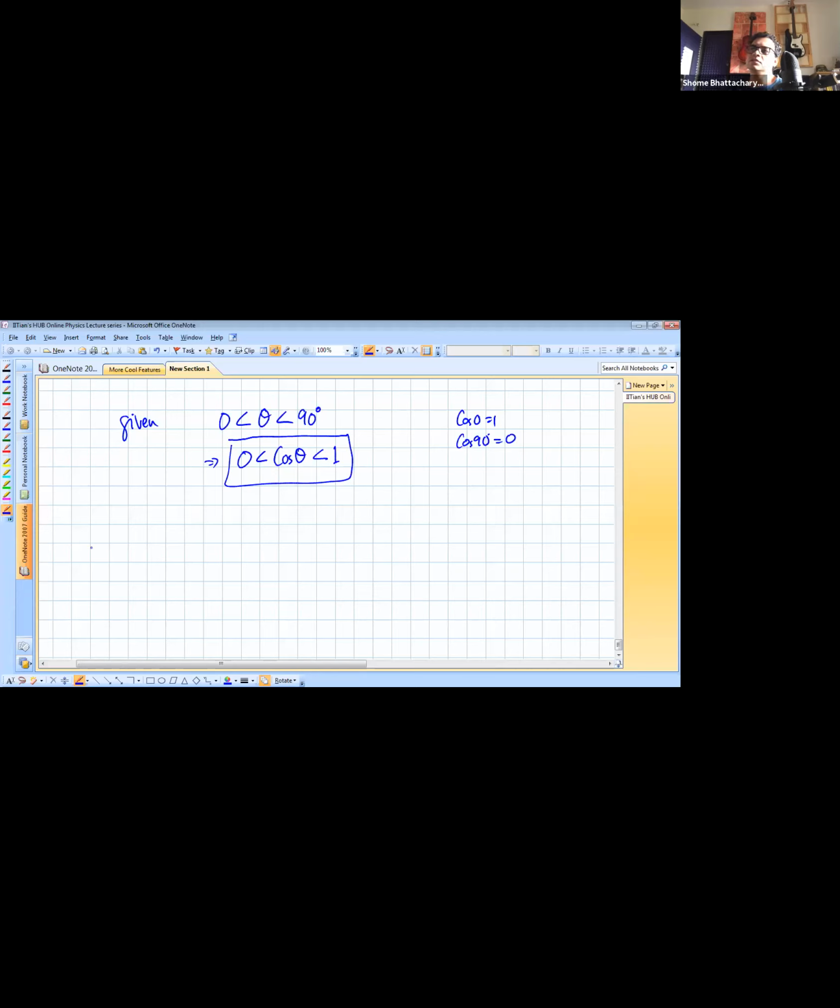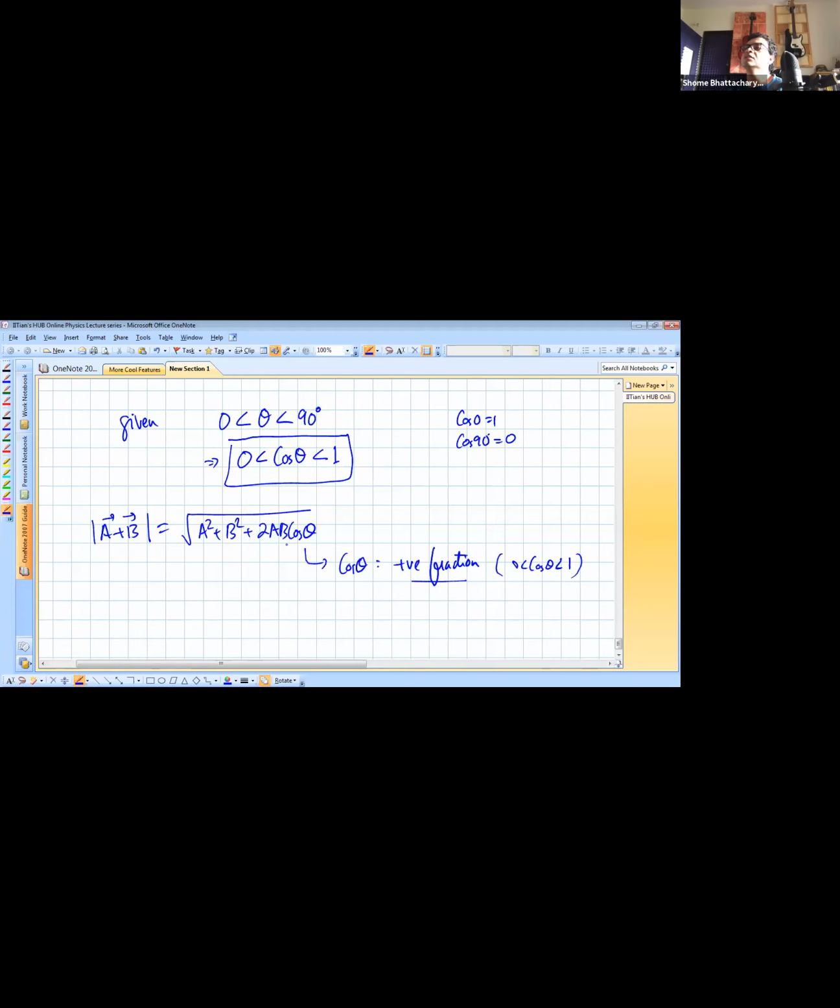Now what can we say about mod of A plus B? That is equal to root of A square plus B square plus 2AB cos theta, where cos theta is a positive fraction. It can't be zero, it can't be unity. It's between 1 and 0.